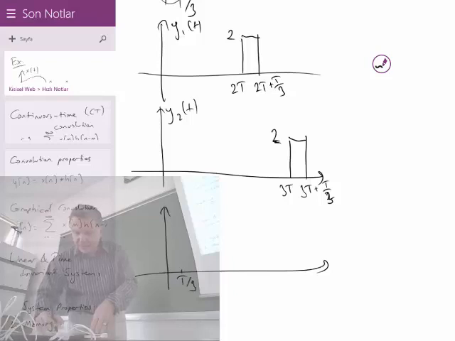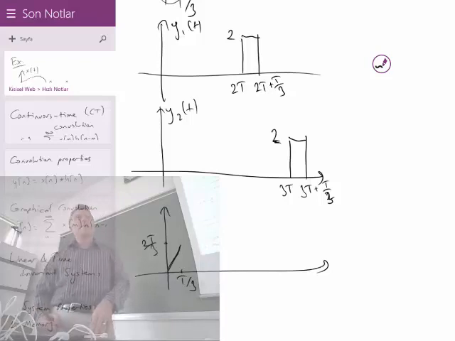From 0 to t over 3, it will climb to a value, and that value here is 2t over 3. And for some certain amount of time, it will stay the same. Try to draw these things in the applet and try to see why this is the case.